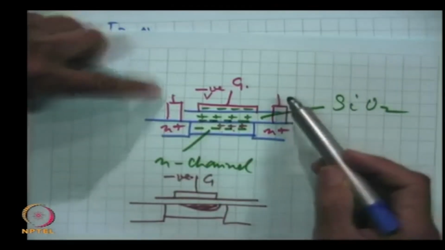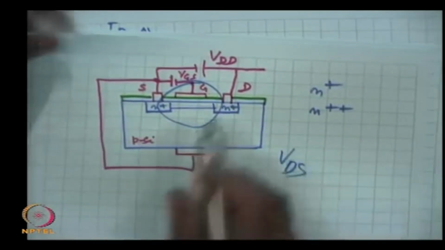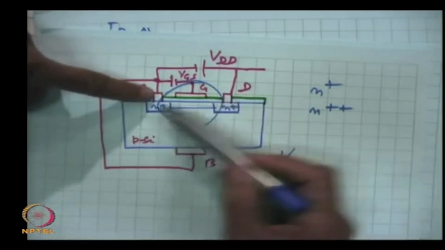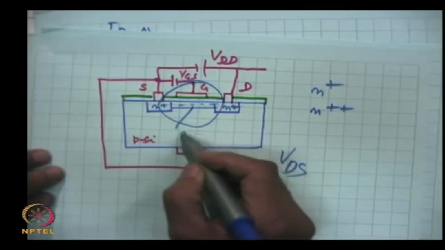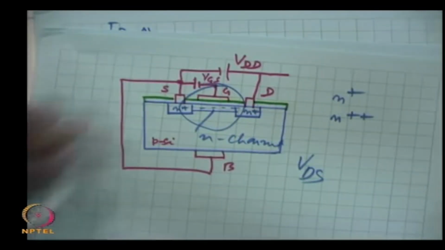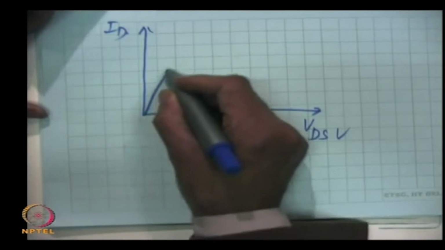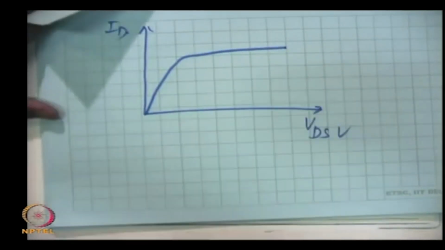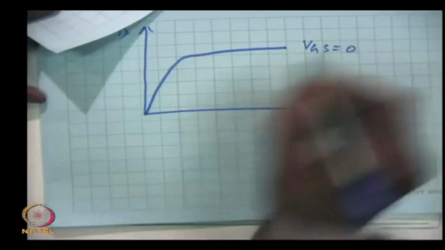When we change this voltage VDD, that is VDS, between source and drain, the current will flow because of these electrons. This is N channel, current will flow. So, this current will be this, and now this is VGS equal to 0.